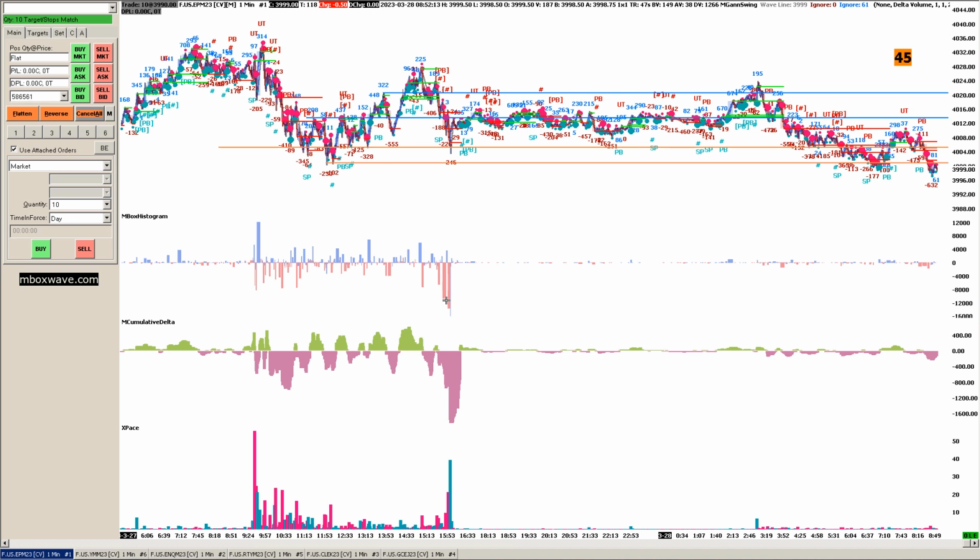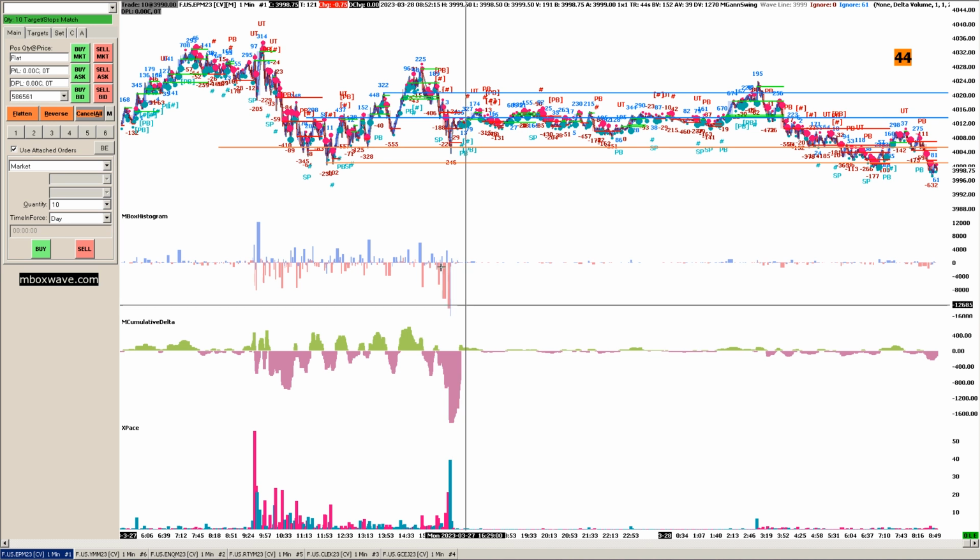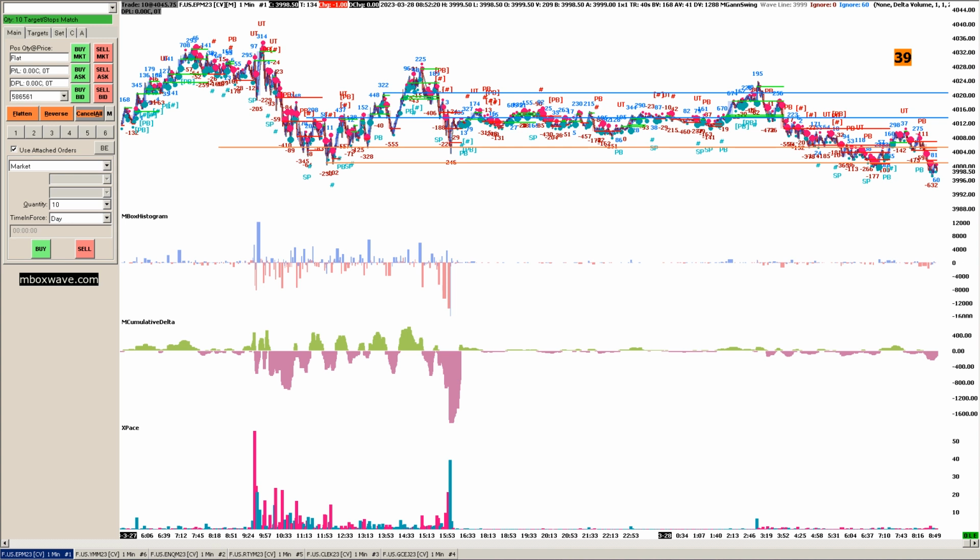For now, I want to draw on the histogram, the MBox histogram, to gauge how strong the previous day was. This can be done to see if it exceeds the previous day.